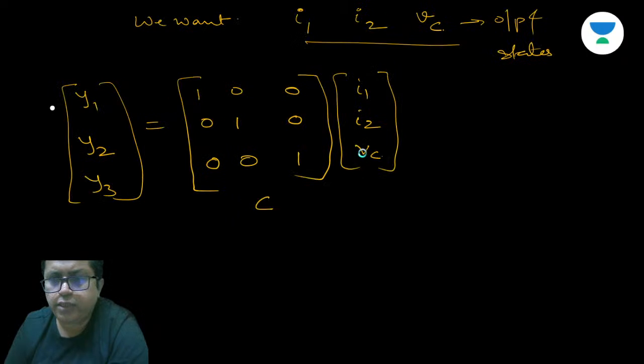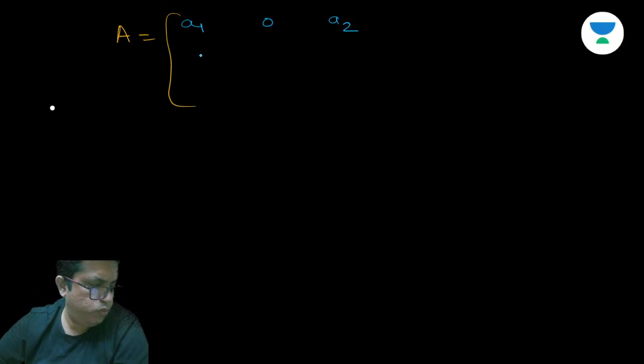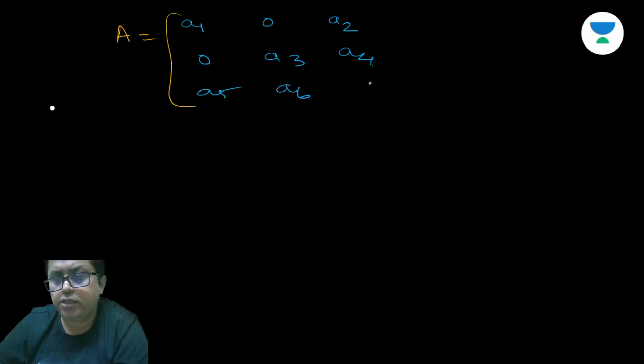Let us see in the program. The A matrix is A1, 0, A2; 0, A3, A4; A5, A6, 0.